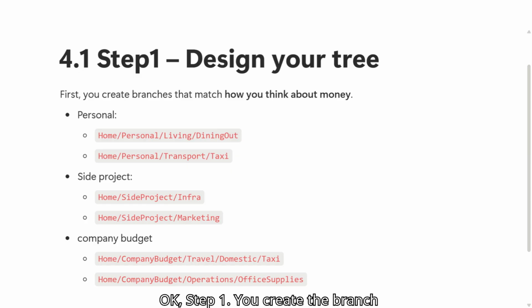Okay, step 1, you create the branch structure that matches how you think about money. For example, for personal spending, I made branches like home slash personal slash living slash dining out, and home slash personal slash transport slash taxi. For my side projects, I have branches like home slash side project slash infra for server and cloud costs, and home slash side project slash marketing for advertisements or promotion.